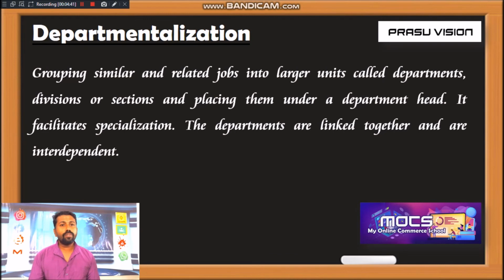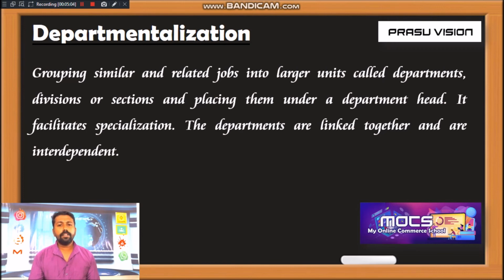What is the use of this process? It facilitates specialization. In each department there will be one head who will control all the workers and who is able to tackle the problems related to activities coming under that particular department.